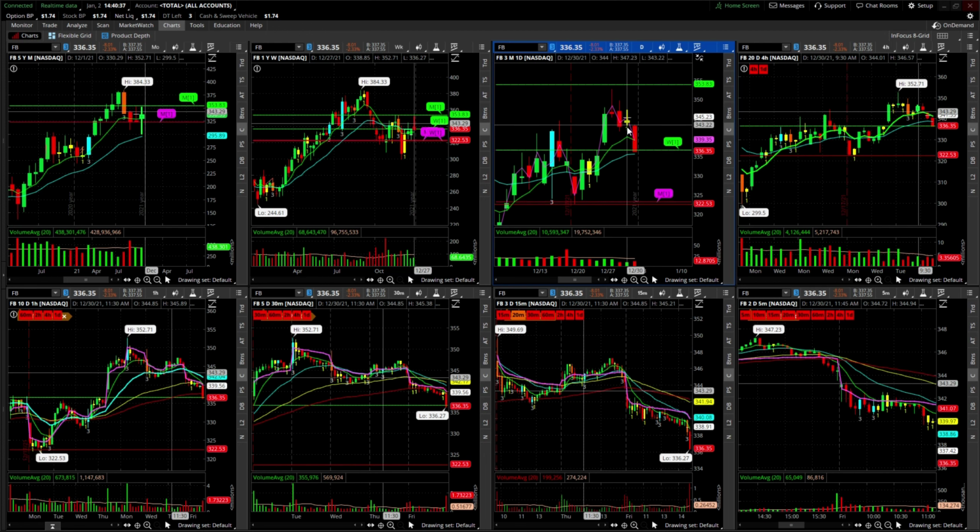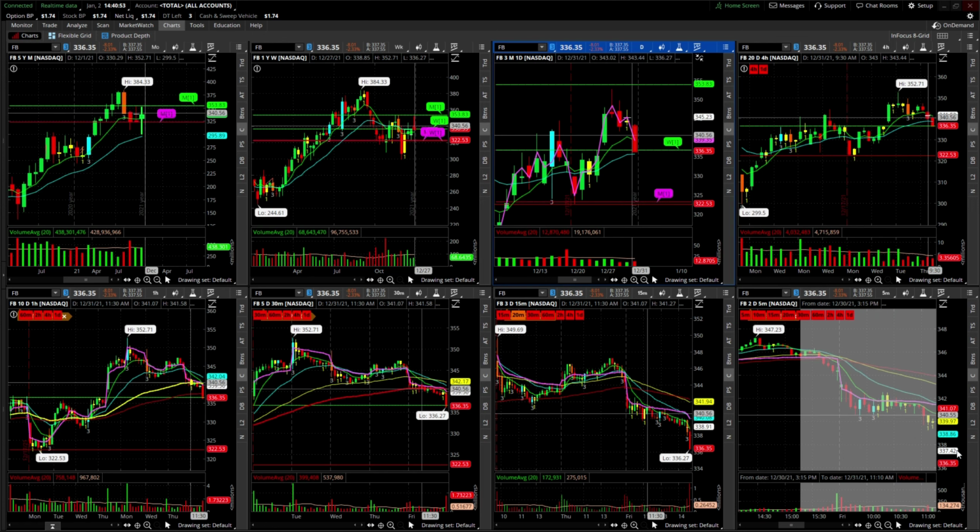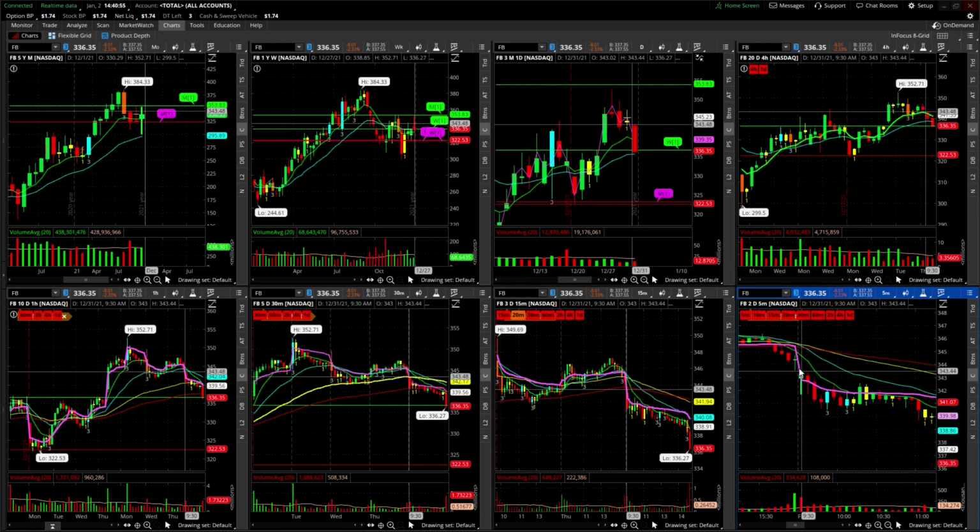Now, on the daily chart, if we look at the daily here, this is the low, 343. And if you look down at the 5-minute chart over here, right at the open of the day, Facebook's first 5-minute candle flashed down to 341.69.